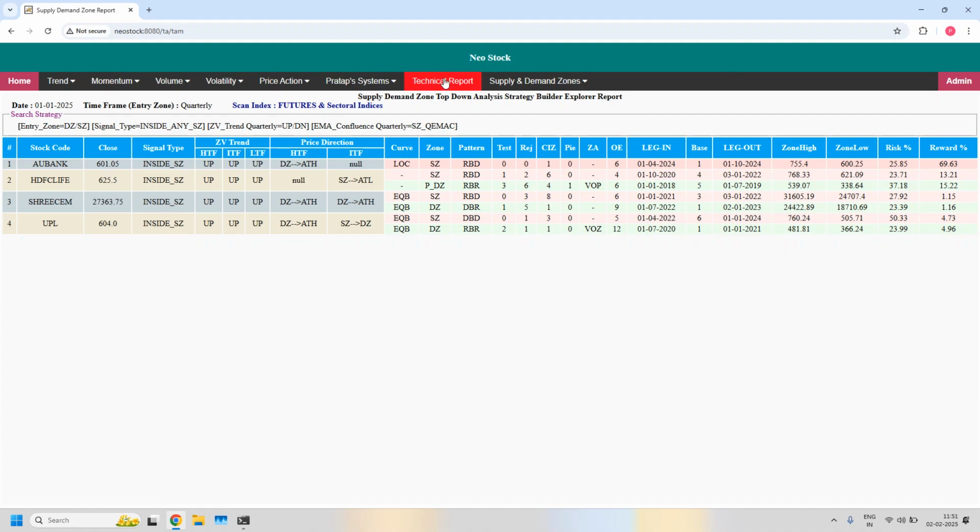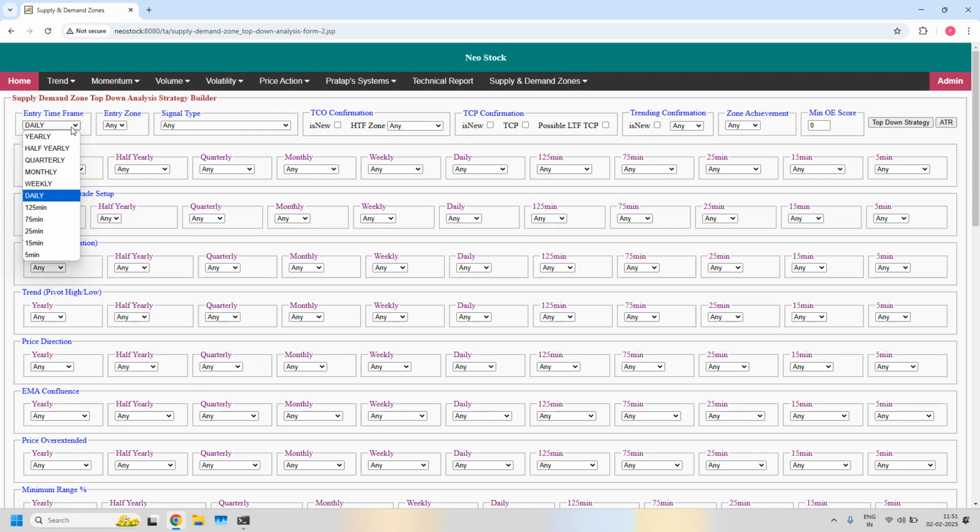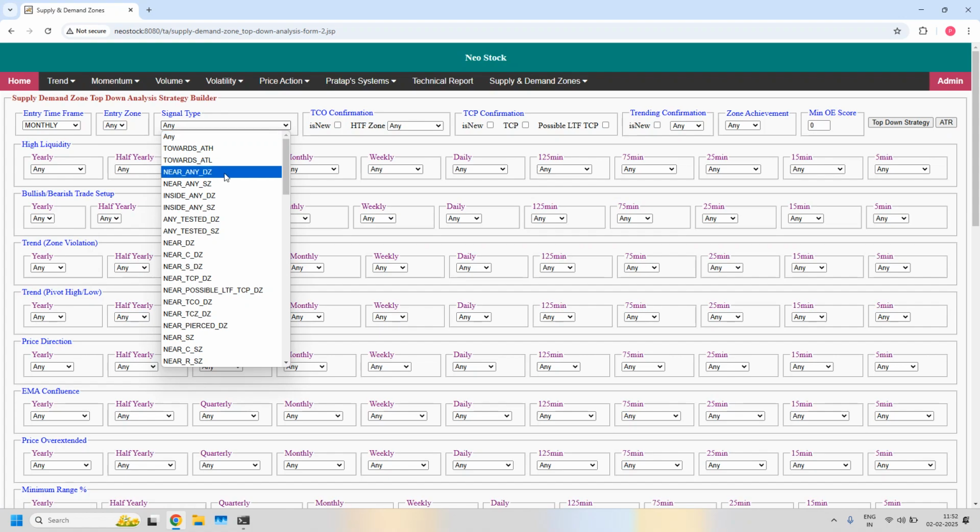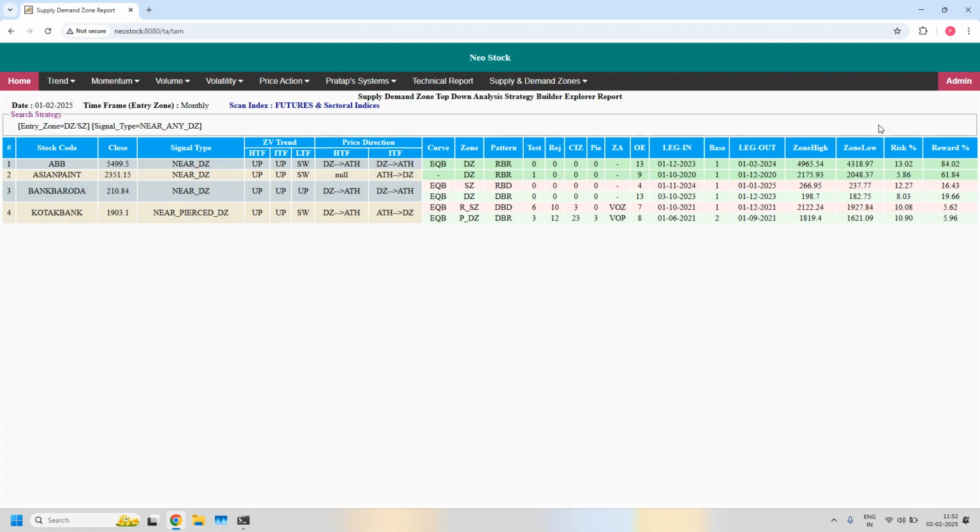So the next time frame is monthly. Stocks near monthly demand zone. Four stocks are filtered.